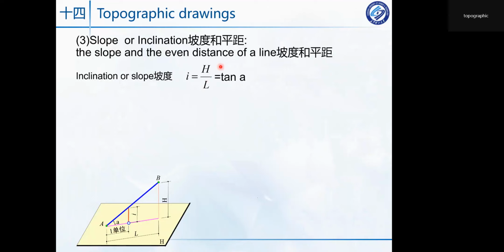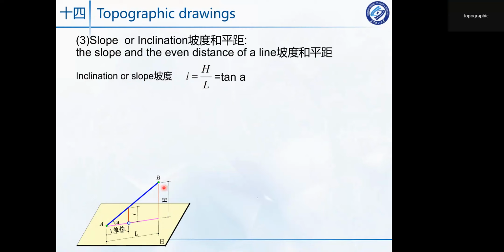The slope is the height divided by the horizontal distance. You can see h is the difference of these 2 points in elevation in the vertical direction and L is the difference of the 2 points in the horizontal direction, and so we can get the slope called i, which is equal to tangent theta.